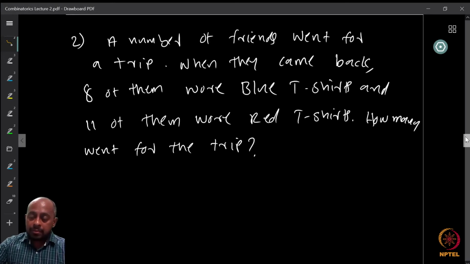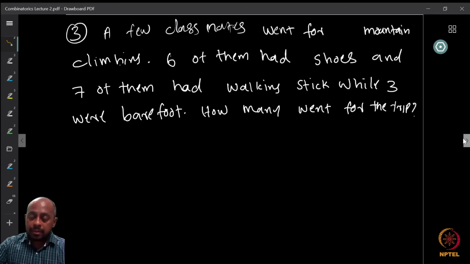Now let us look at a slightly different question. So we have a few classmates who went for mountain climbing, another trip. 6 of them were wearing shoes, and 7 of them had walking sticks with them, while 3 were barefoot.